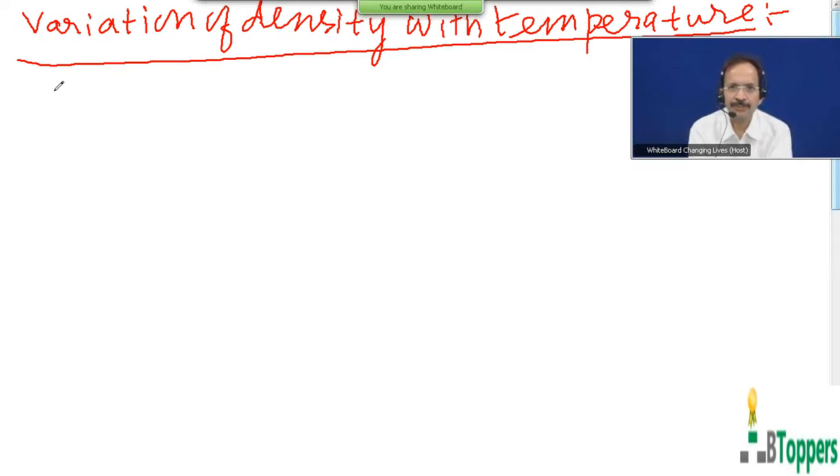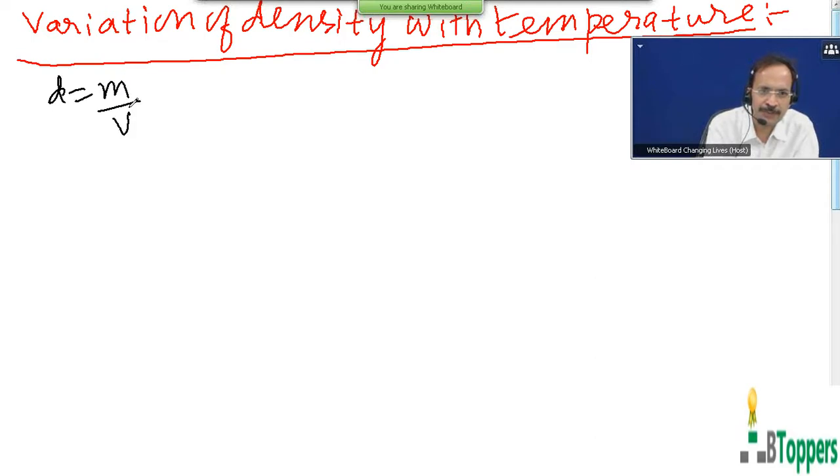If volume changes and mass remains the same, density also changes. The density of a substance can be written as mass of the substance by volume of the substance.